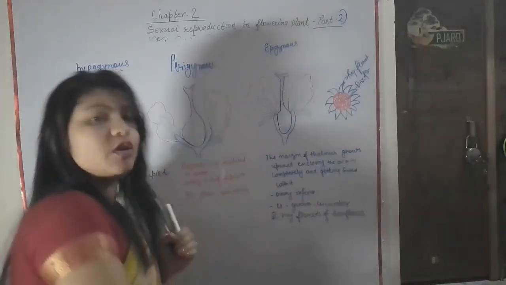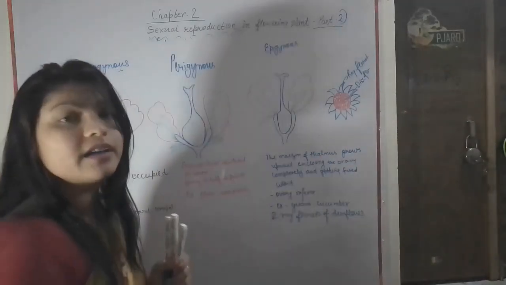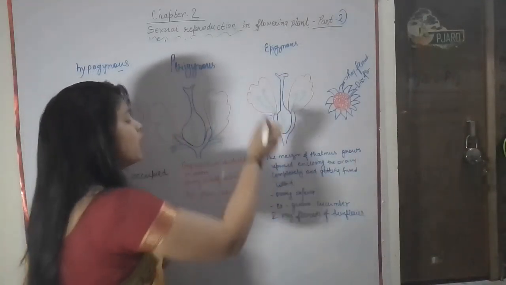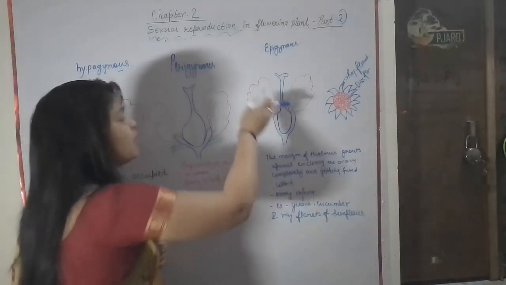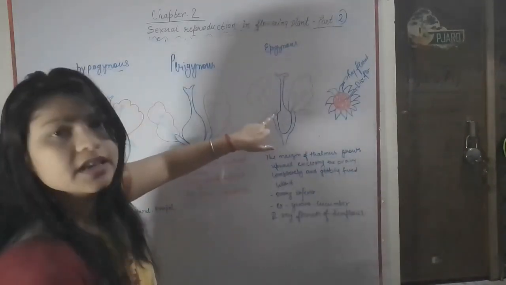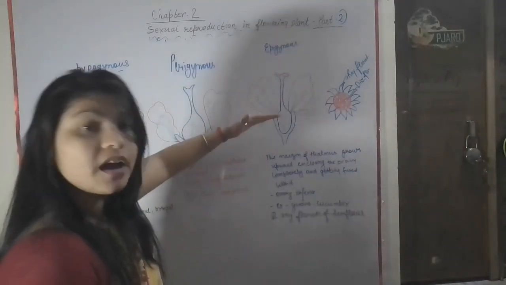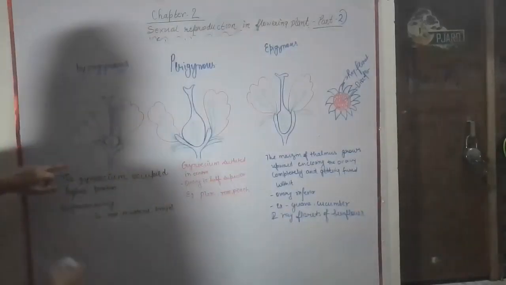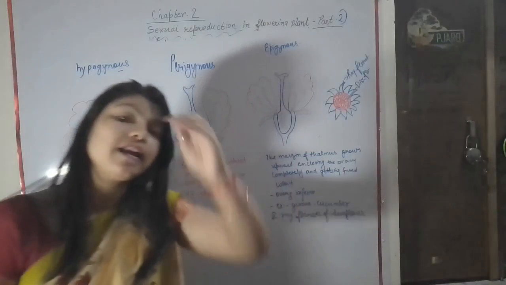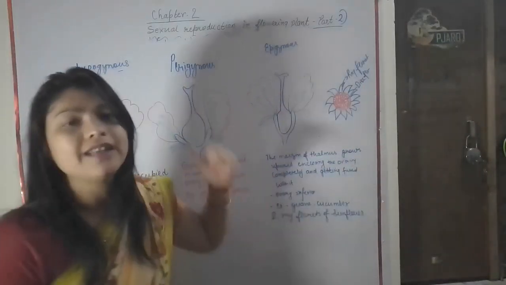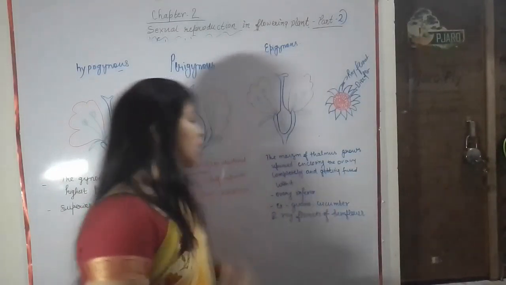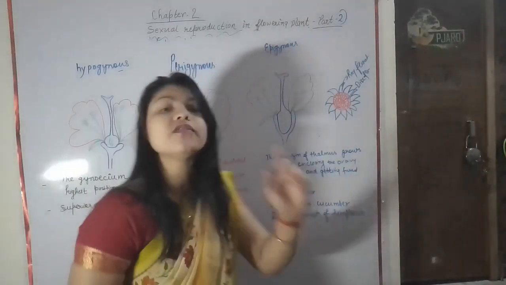And the rest of the floral parts, like the androecium, calyx and corolla, arise from the upper part. Here, in hypogyny, the gynoecium occupied the highest position, and here the gynoecium occupies the lowest position, and the rest of the parts arise above the gynoecium. So that ovary is the inferior ovary.